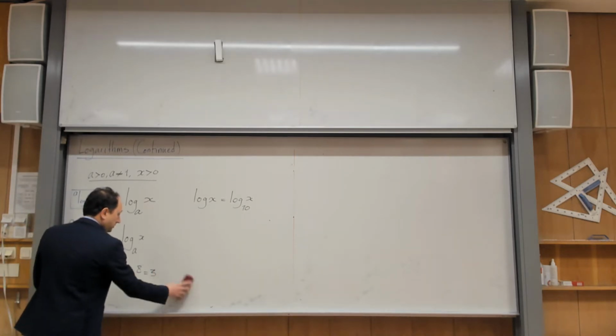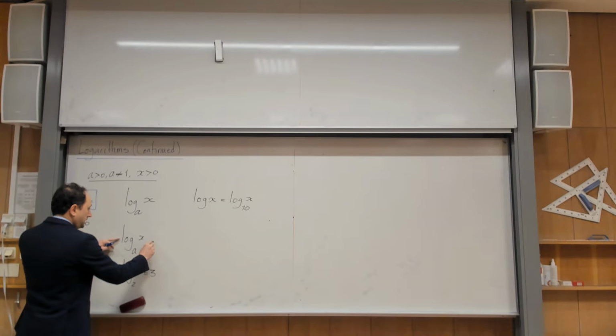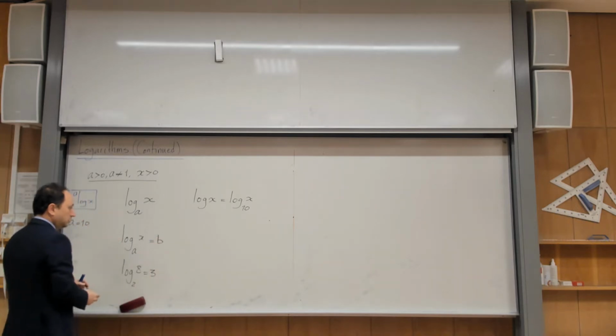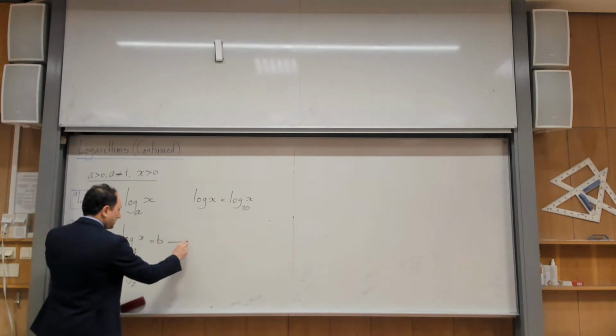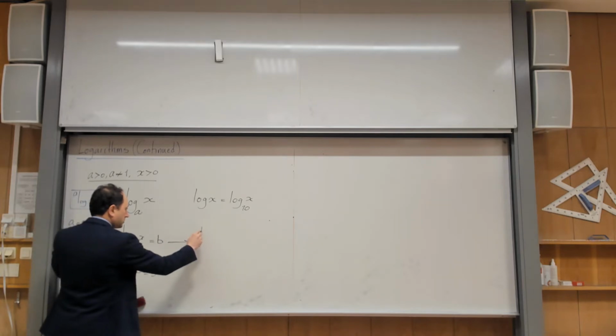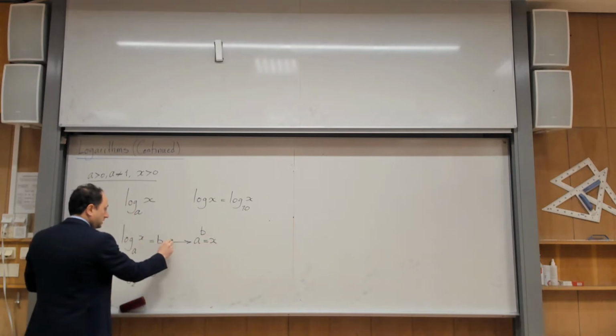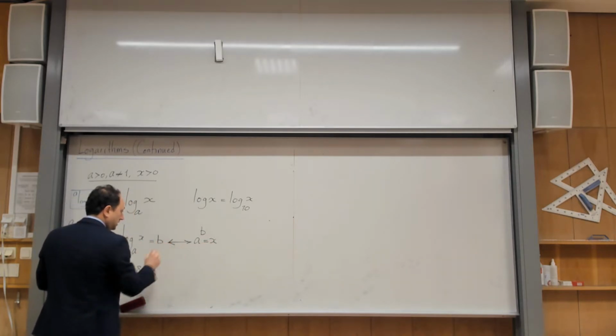So in principle, if someone tells you that the log of x in base a is a number b, what can you conclude? You can conclude from here that when I raise a to the power b, the answer becomes x. And importantly, this is double-sided.